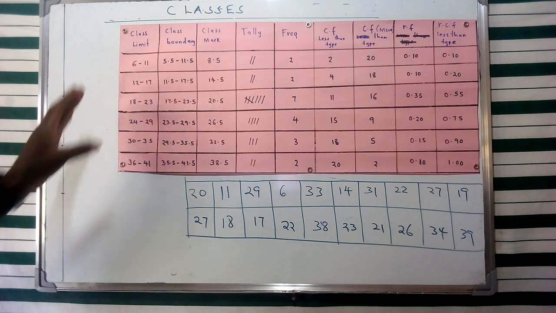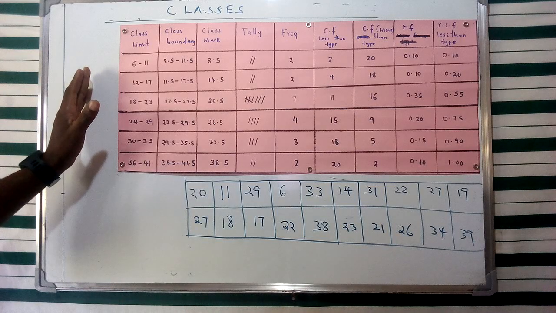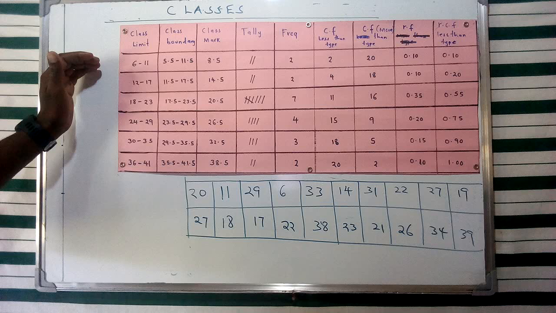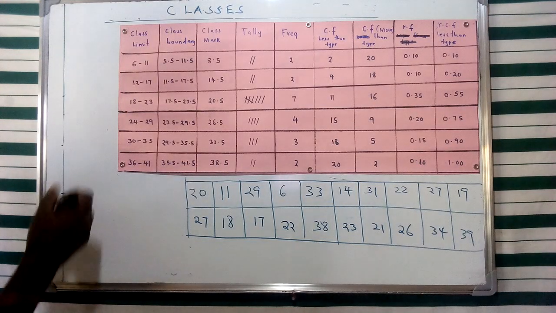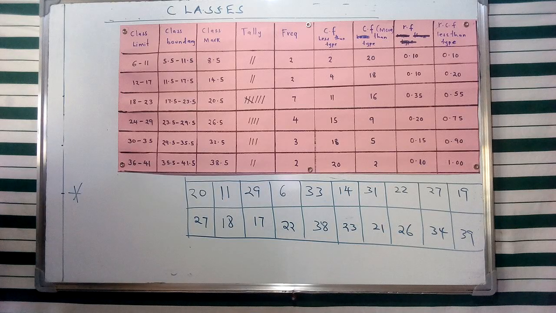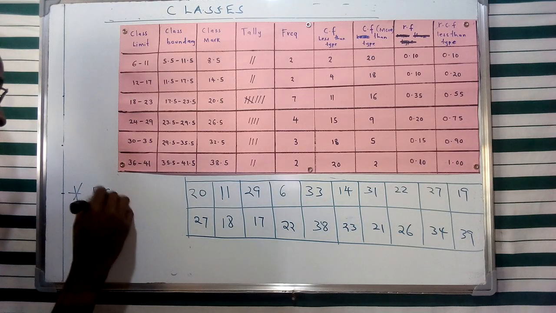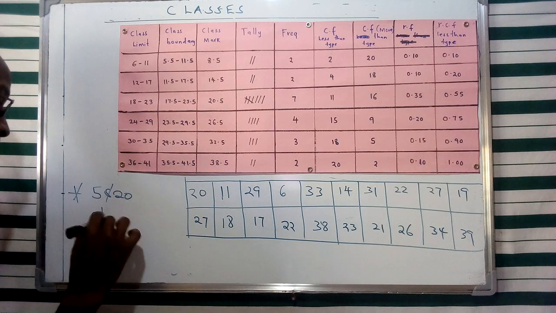So in this case, the specific rules which have to be adhered to are meant to categorize the numbers under which the classes are going to be given. They should range between 5 and 20 classes.